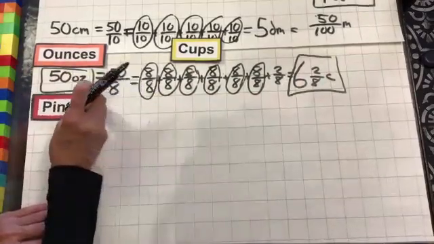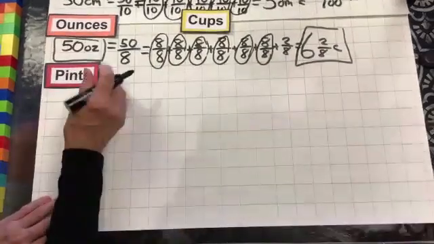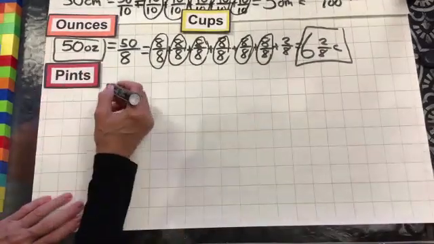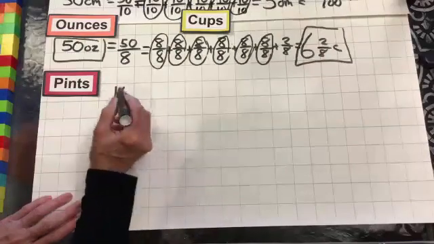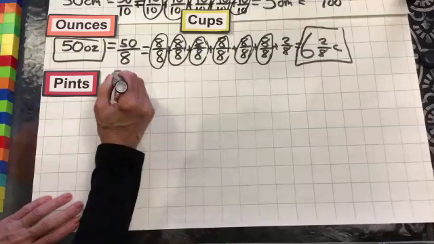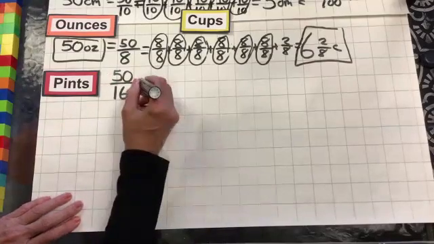And let's drop down here to pints. We know it takes, I'm going to just put it right here on the side, 16 ounces to make a pint. So we have 50 over 16.